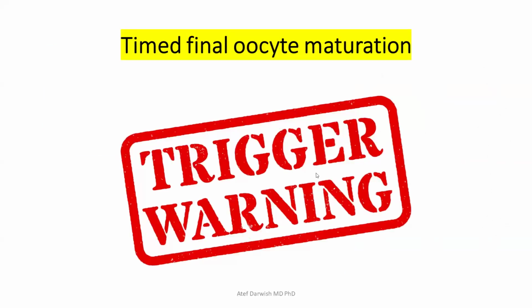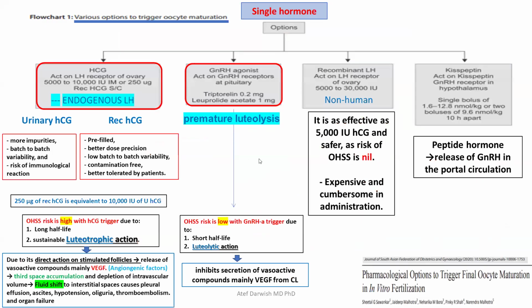What about triggering? Triggering is used for timed final oocyte maturation. We commonly use HCG, which leads to luteal phase defect by inhibition of endogenous LH and what's called the luteal gap, which is the time between the end of the effect of exogenous HCG and endogenous HCG when pregnancy occurs.